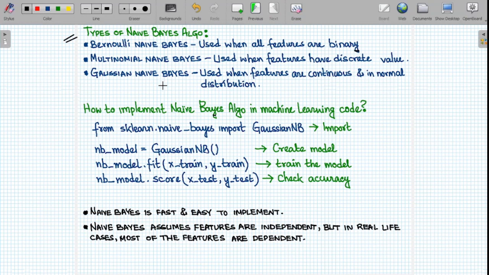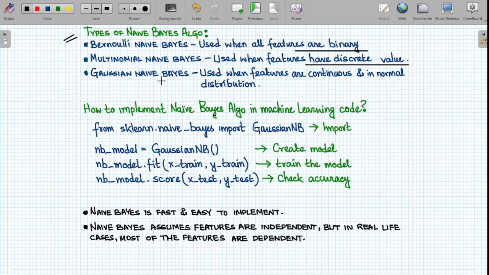Let's understand the thumb rule to use different types of Naive Bayes algorithm to solve classification problems in machine learning. Bernoulli Naive Bayes is used when all features are binary, either 0 or 1 or true or false, something like this. Multinomial Naive Bayes is used when features have discrete values.